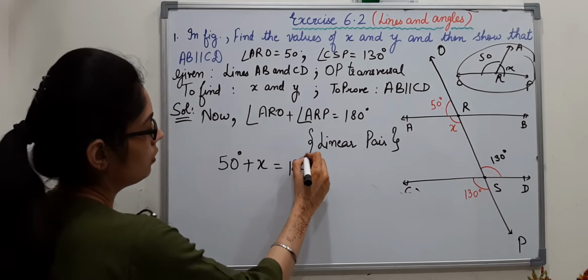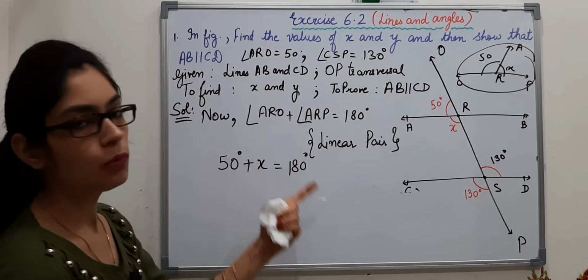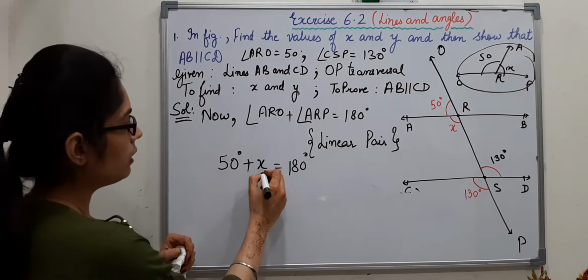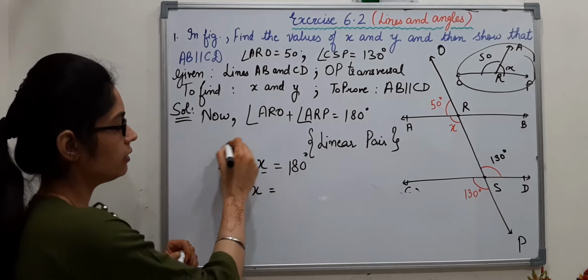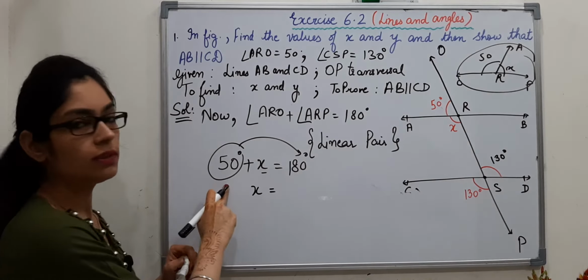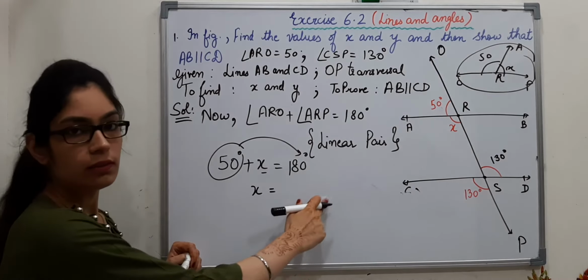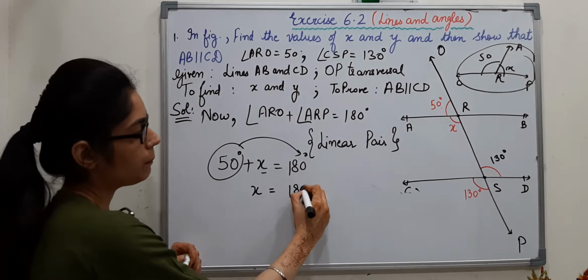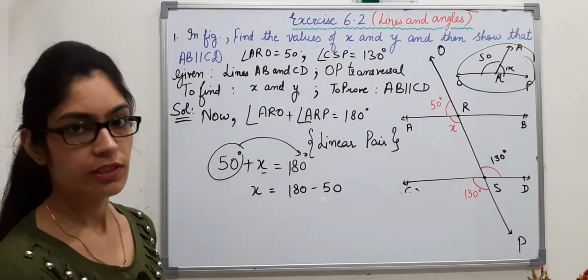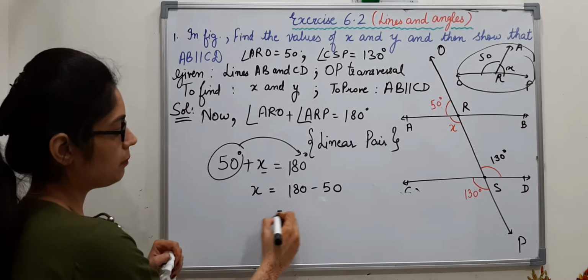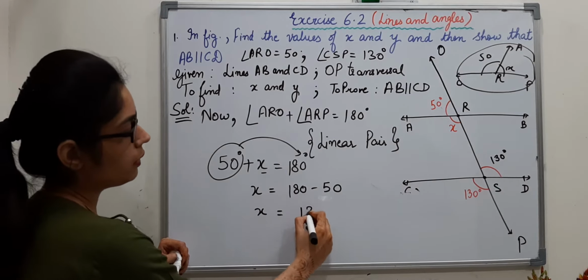So 50 plus x is equal to 180 degree. Now we need to find the value of x. So let's write x on this side and shift 50 to the other side. So this is plus 50, on changing the side it will be changed to minus 50, because plus on changing the side is changed to minus. So 180 minus 50 is equal to 130 degree.